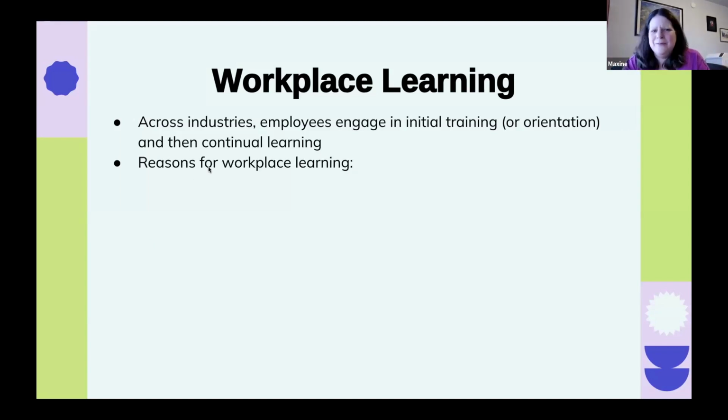So, most of these are pretty intuitive, but across industries, when people think about workplace learning, there are legal requirements. In Washington State, we have clock hours. So sometimes people do professional development because they need the clock hours. If you get a new job or new role, there's obviously learning that has to happen with that.